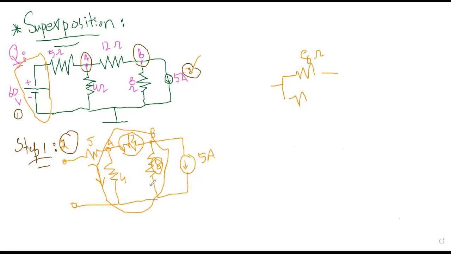Now this is for this circuit, that is 3.2. Now there must be some current loss. So what will be the current loss? Here there is 3.2, and the total is 5 ampere, so it is 5 minus 3.2, which equals 1.8 ampere.